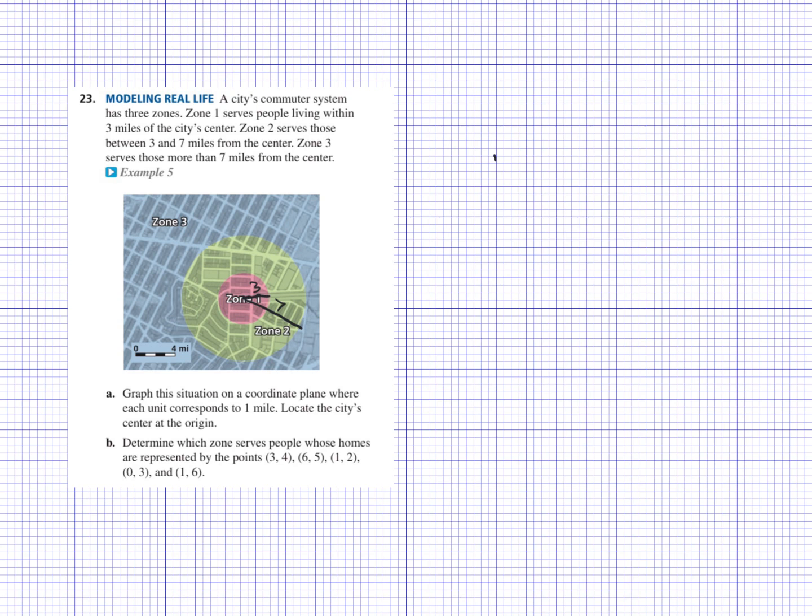So if we just drew this, let's go ahead and use the bigger blocks for our graphing here. The center of the city is at the origin. Then we go 3 units out: 1, 2, 3. That's going to be too far over there, so let's make this a little bit smaller.